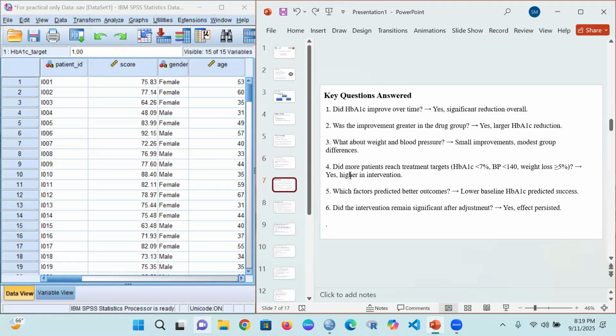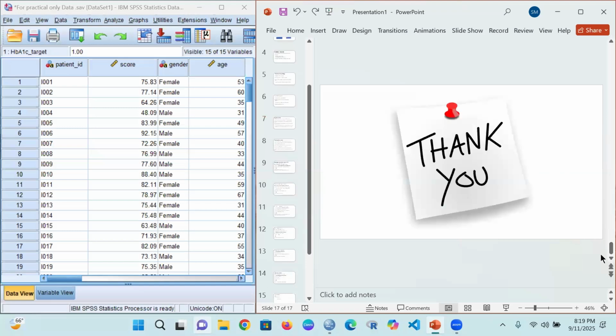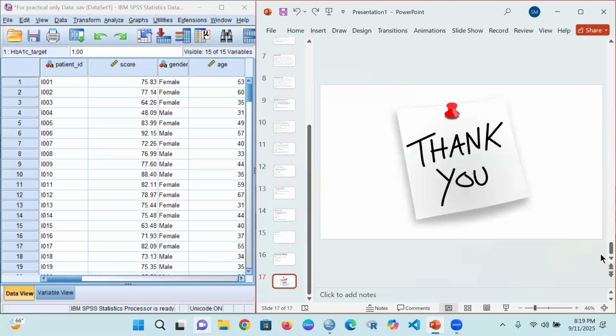So that's the conclusion we can make from all the analysis that we have carried out, especially the inferential analysis. What the inferential analysis does is tell us more about the comparison of different groups, whether what you wanted to test you have achieved or not.